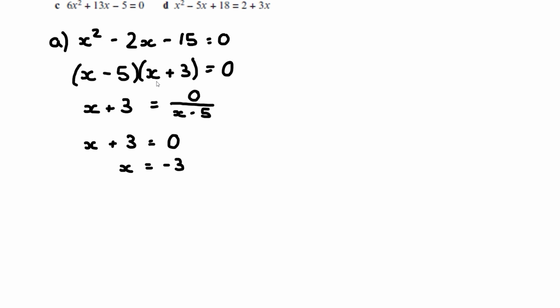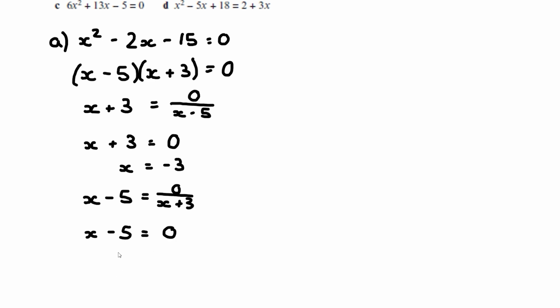And then we want to do this for the other bracket. So now we're going to divide by x plus 3 instead of x minus 5. And that will leave us on this side with x minus 5 equals 0 over x plus 3. Now again, 0 over x plus 3 is just the same as 0. So we can write x minus 5 equals 0.